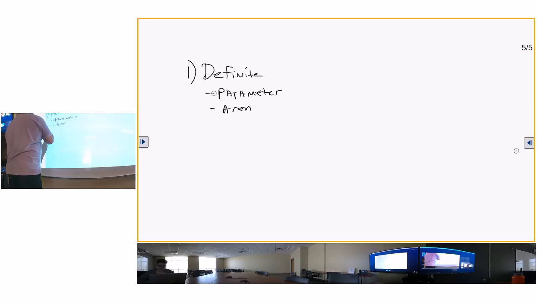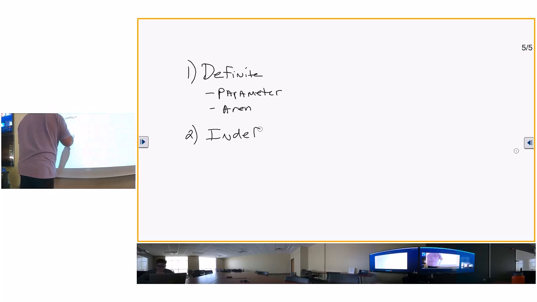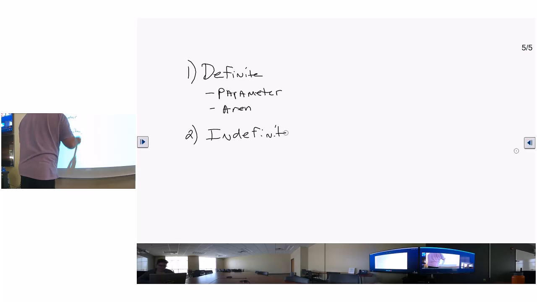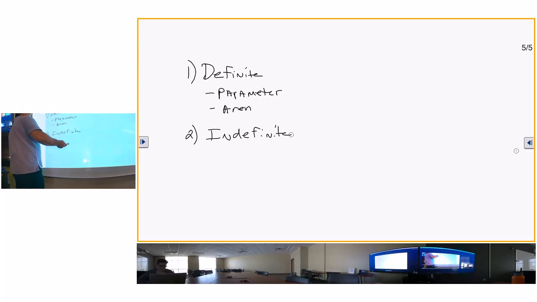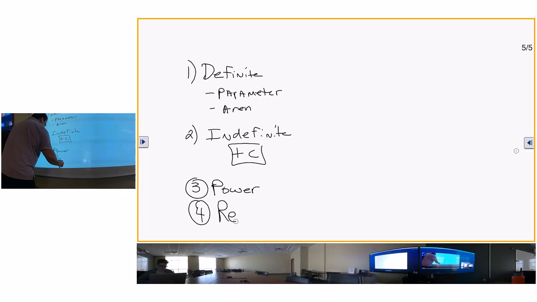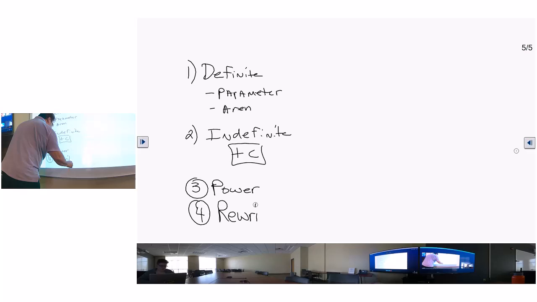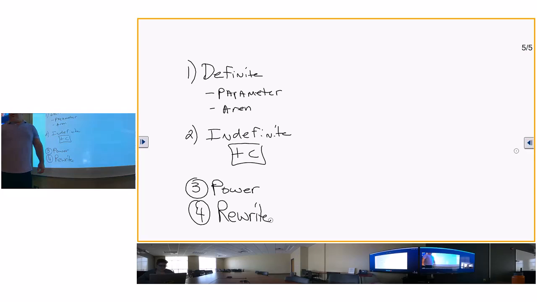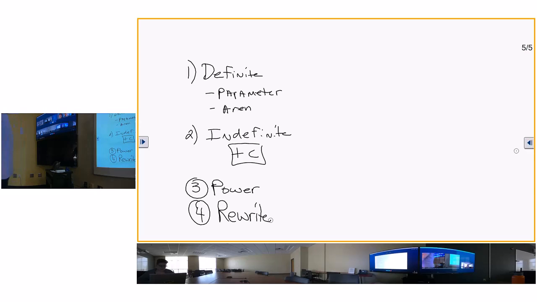You learned that the indefinite integral does not have parameters, and what does it have to have on it when you write the answer? It has to have a plus C. You also learned about the power rule, and you learned that rewriting is imperative with antiderivatives just as it is with derivatives.